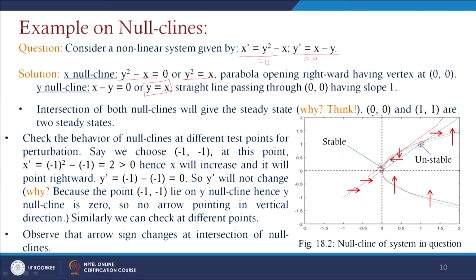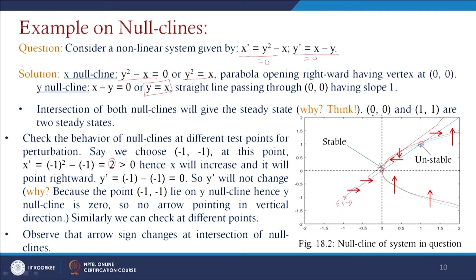So, if you choose the point minus 1 1 here, then we can find that x dash is taking the value y square minus x. So, that is why it is providing the 2 here. Any point if you choose here, suppose minus 1 1 minus 1 here, then it is providing a positive value here.